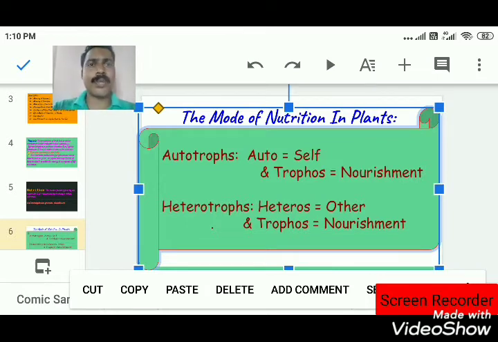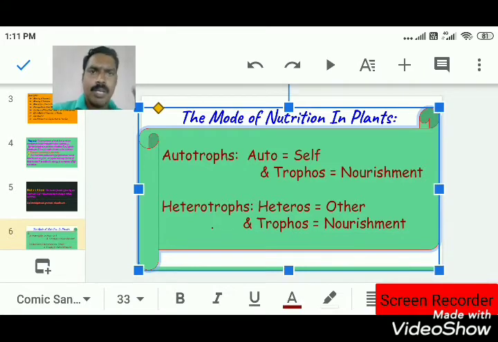They take the raw materials present in the plant's surrounding, like carbon dioxide, water, etc. Auto means self, trophos means nourishment. The organisms which prepare their own food are called autotrophs or autotrophic organisms.